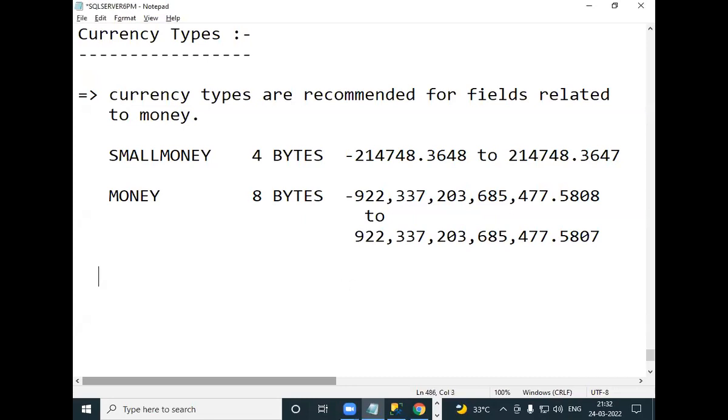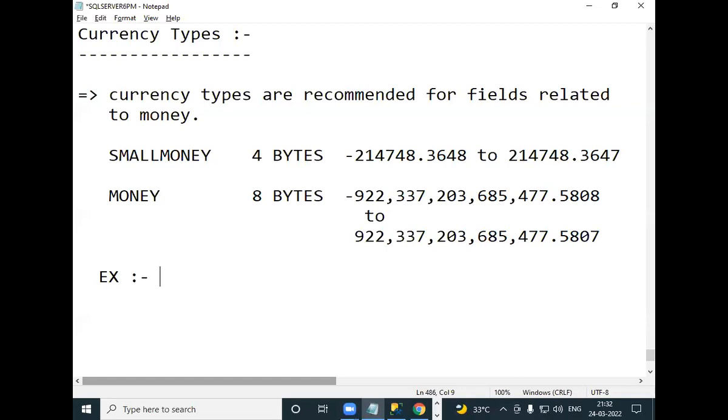Okay, now, like 1 second. Example. What are the fields related to money? Money related, boss. Salary is money related.